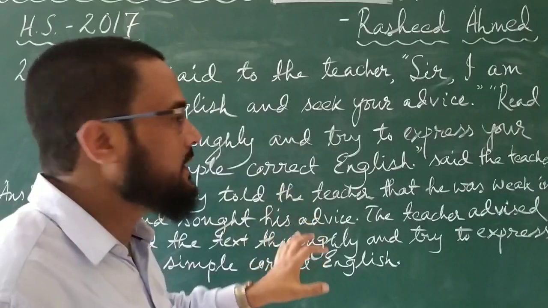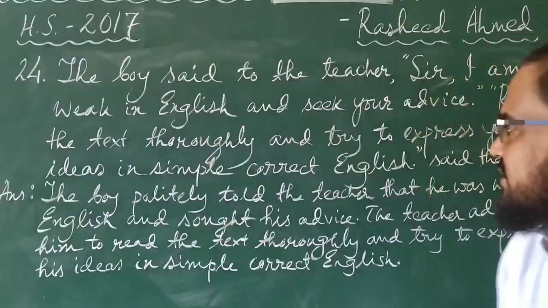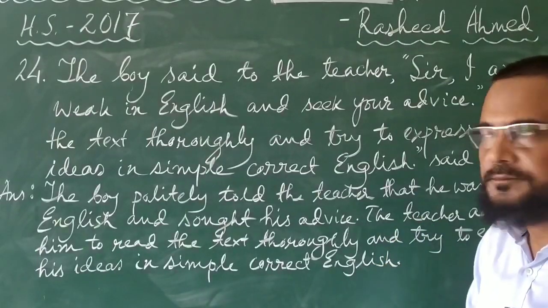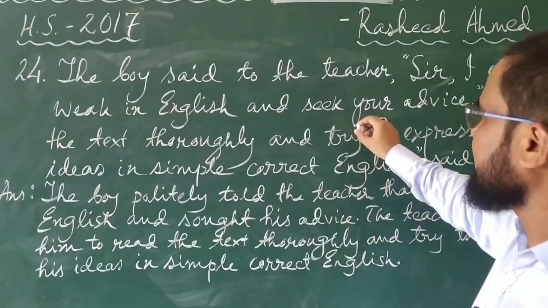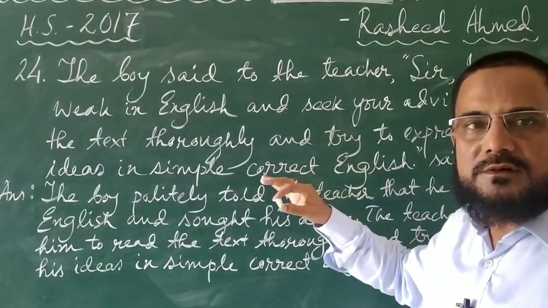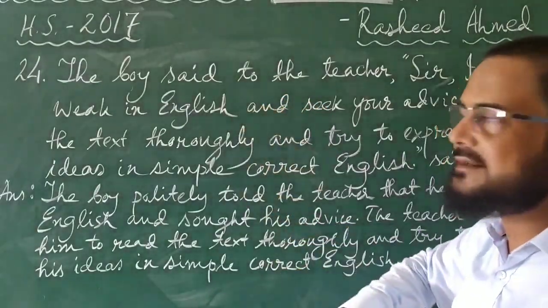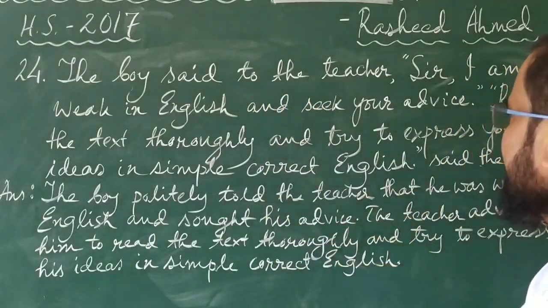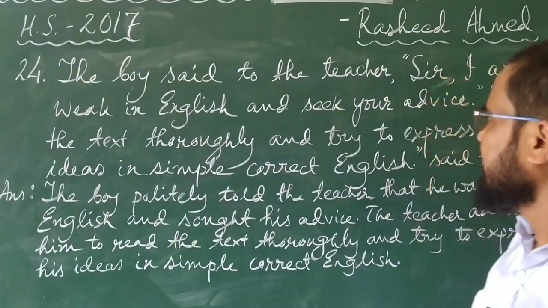"Read the text thoroughly and try to express your ideas in simple, correct English," said the teacher. This is a long question. In the first question, you see, there are two speeches. First speech is by the boy, and then the second one is by the teacher, and both are in direct narration. You have to change them into indirect narration.